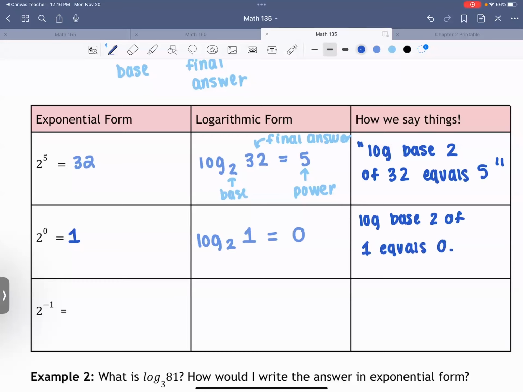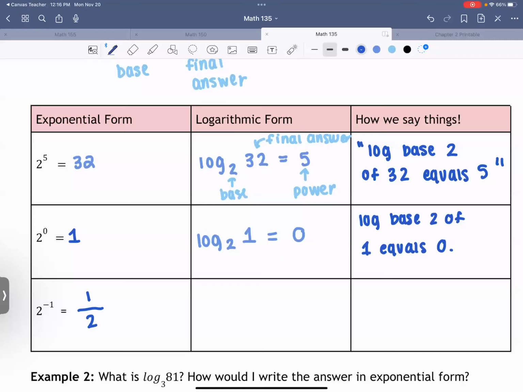Finally, what's 2 to the negative 1? Remember, flip the line, change the sign. 0.5 or 1/2. So when we change the sign to a positive, we just flip it over the line. So it's 1/2 or 0.5.